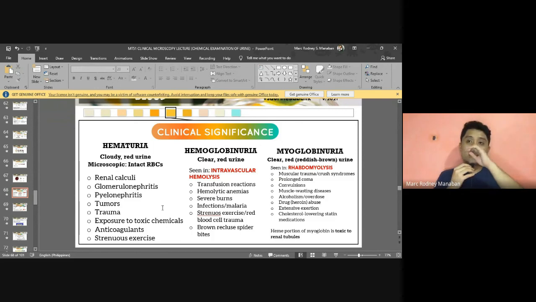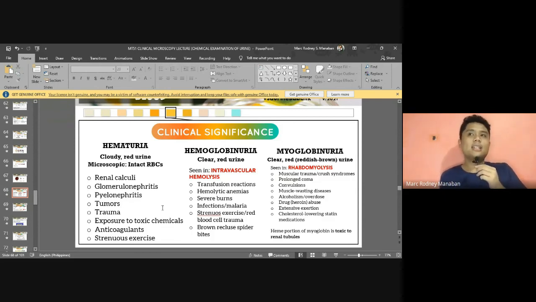Gross hematuria, dears, is intense. The color is intense, cloudy red. It could indicate that there is a lot of bleeding, or the concentration of RBCs is many or increased. So that's the two types.